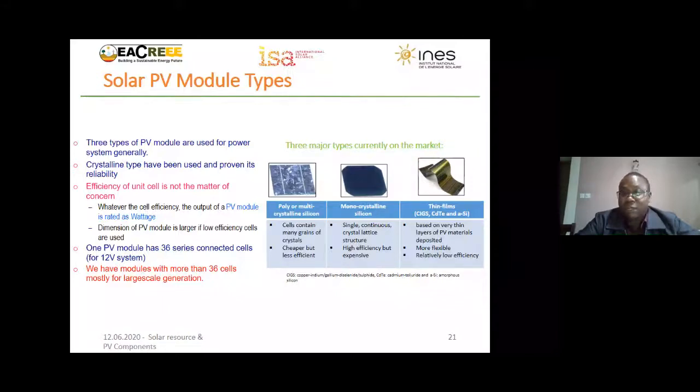Then we have the thin film. Thin film is a quite novel type of solar PV panel based on a very thin layer of PV materials. And the advantage of this is that they are flexible. You can wrap them around something exposed to the radiation, and you are able to generate.